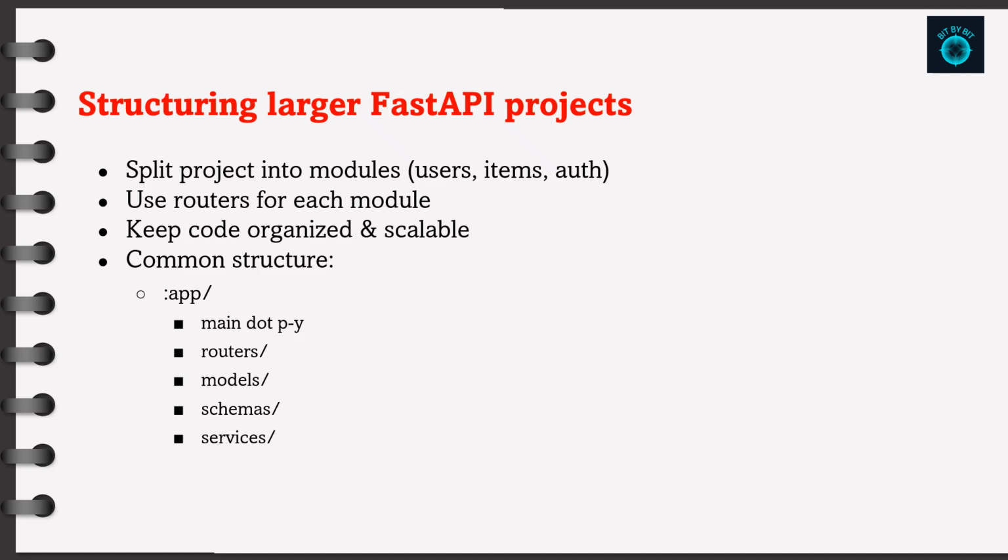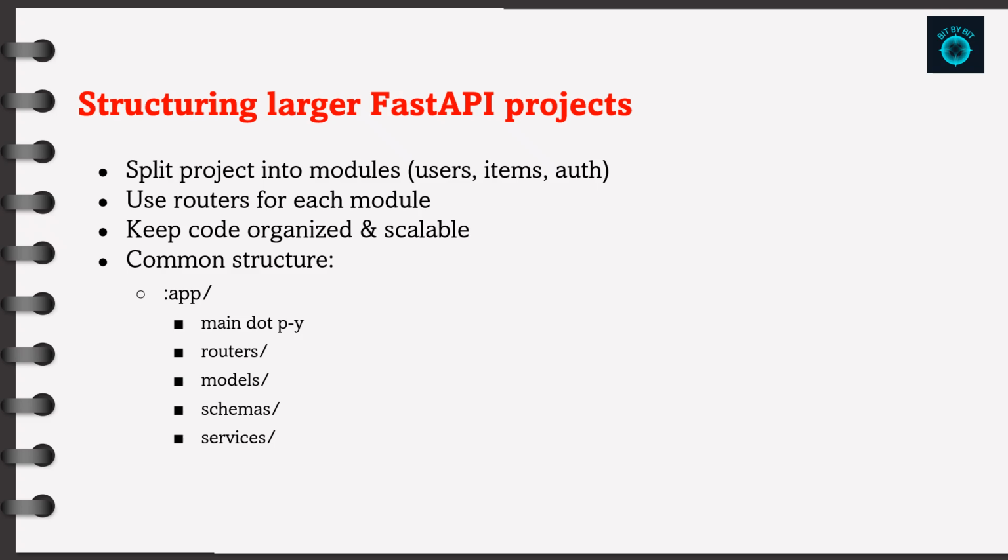The routers folder holds API route definitions. The models folder defines database models. The schemas folder holds Pydantic models for request and response validation. The services folder contains business logic, like sending emails or calculating prices.